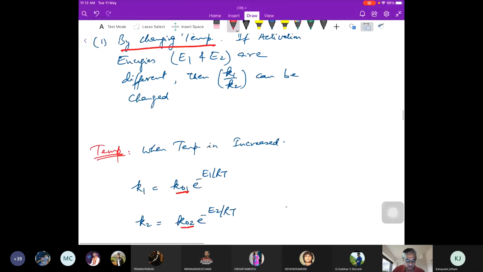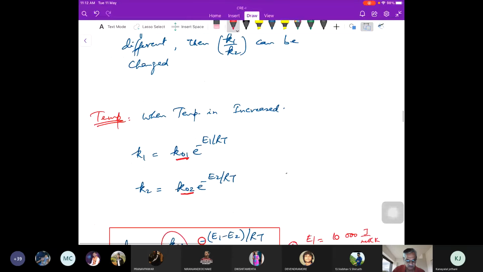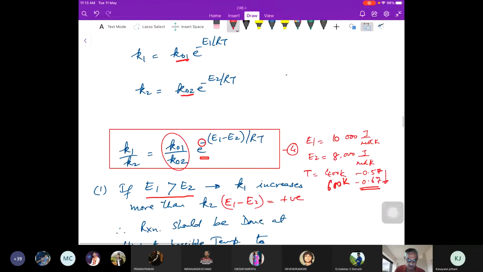Right. So in this case, K1 by K2 is nothing but K01 by K02, some constant, e raised to the power minus (E1 minus E2) by RT. Now if E1 is greater than E2, that means the activation energy of reaction 1 is more than that of reaction 2, K1 increases more than K2.